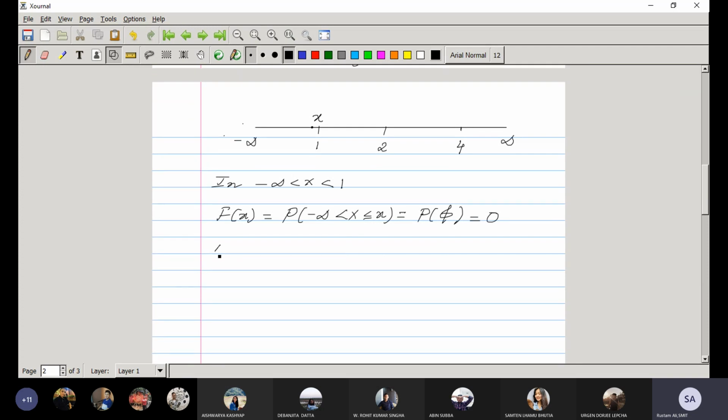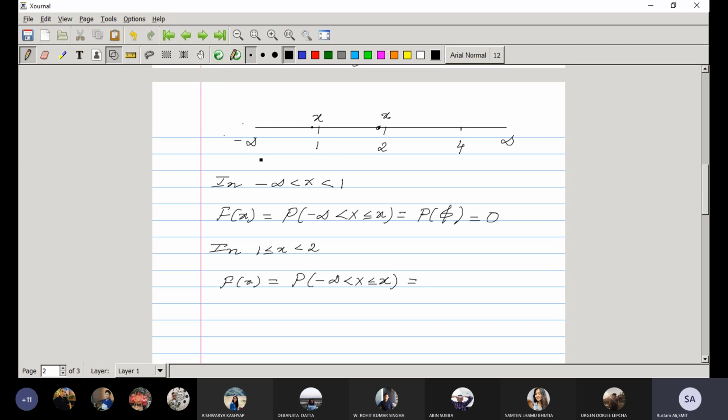Now in the next range, suppose your movement is confined between 1 to just before 2. So 1 less than or equal to small x less than 2. What will be capital Fx? Capital Fx will be probability minus infinity less than X less than or equal to x.